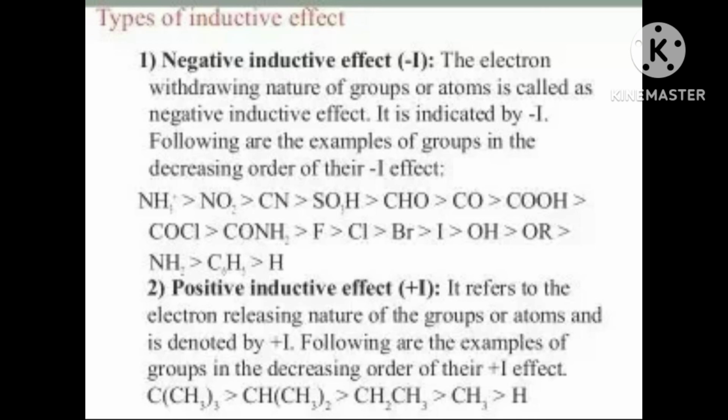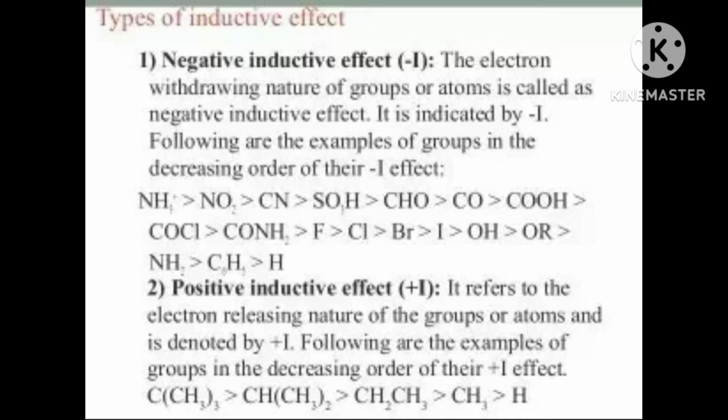These are electron withdrawing groups. Always remember, these groups are electron withdrawing because they want electron. All these groups want electron. Fluorine, chlorine, bromine, iodine, the halogens, they want electron.